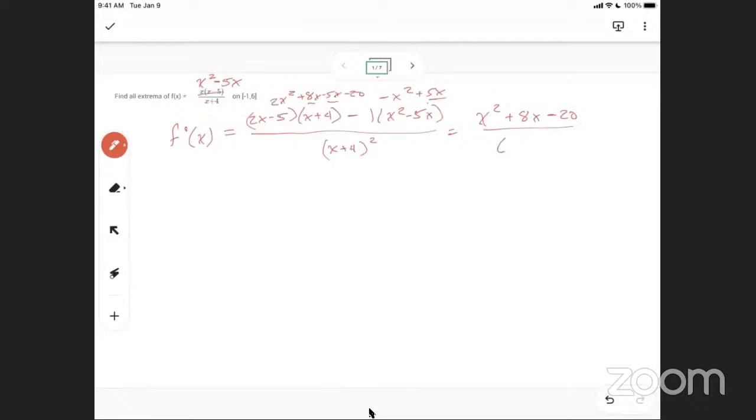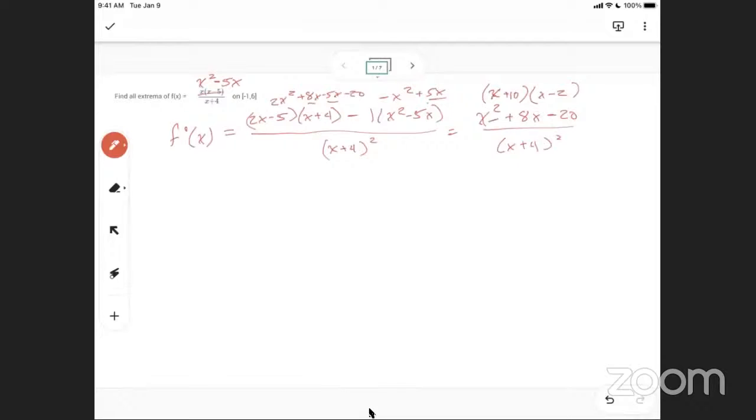All over x plus 4 squared. And that's pretty nice because now the numerator is going to factor, isn't it? Yeah. That's going to factor into x plus 10 and x minus 2?